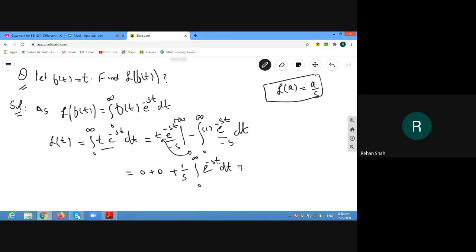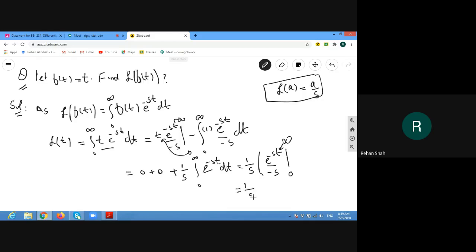Now this is 1 over s, but the integral of e power minus st is again e power minus st divided by minus s. So if you put this limit 0 to infinity, again, if you put infinity, this will give you 0, because it will become e power minus infinity, and e power minus infinity is 0.